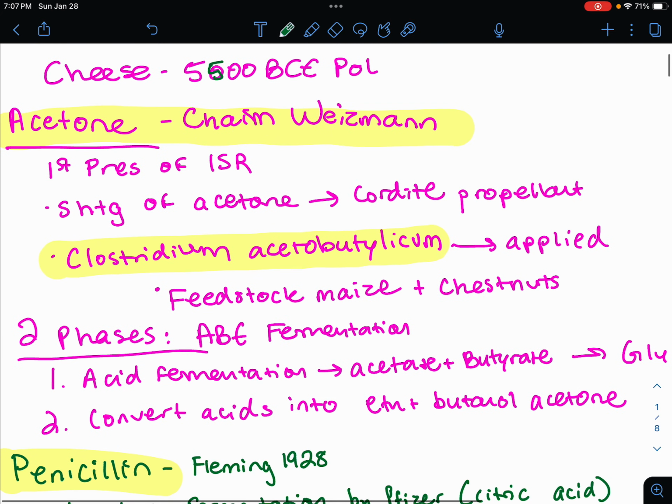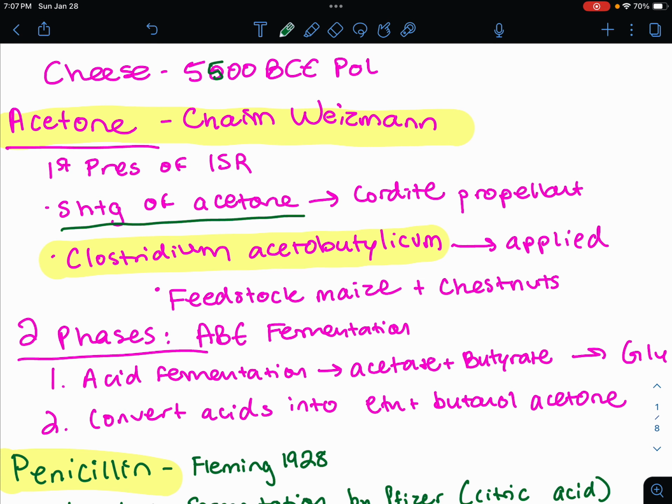Acetone is a very important chemical here. It was made by the first president of Israel, Chaim Weizmann, and he was a biochemist. He was looking over a shortage of acetone, and what they used it for in World War I, my apologies. In World War I, Britain had a shortage of the acetone needed to produce cordite, which is a propellant for ammunition.